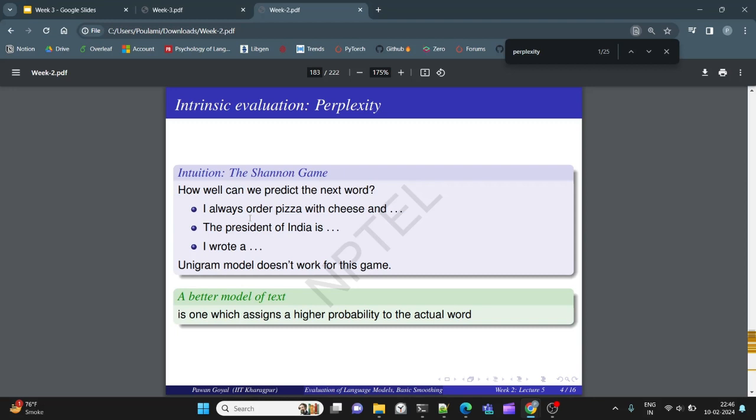That is a valid sentence. Whereas if I say I always order pizza with cheese and, say, orange, that doesn't seem like a legitimate word that can occur in this context. So that is what perplexity measures.